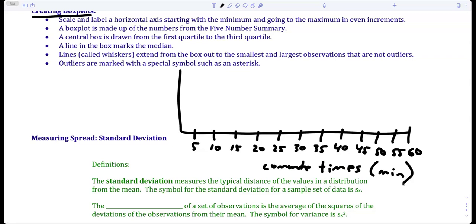When we are drawing the box plots, I usually start with the IQR. I'm going to draw a line here at 10, and then a line at 30, and draw my rectangle. That's the middle 50%. The median is there at 20.